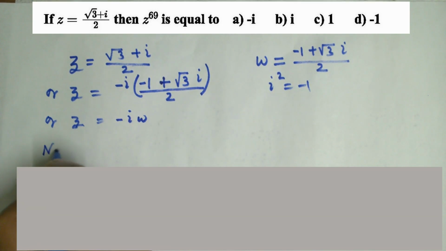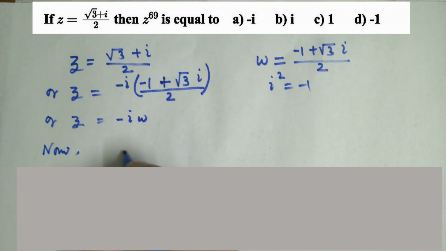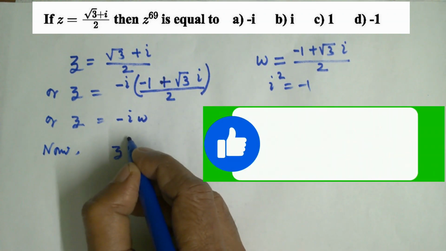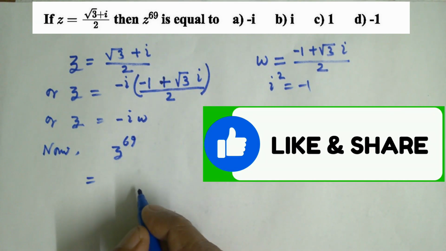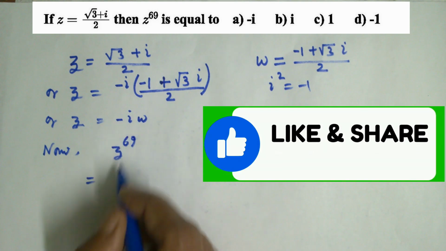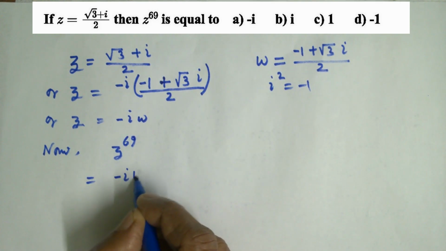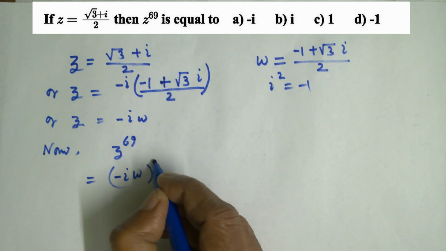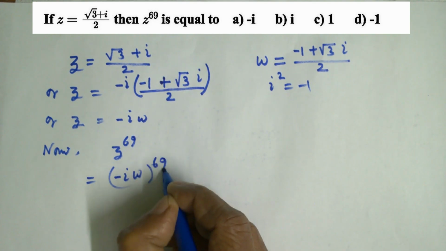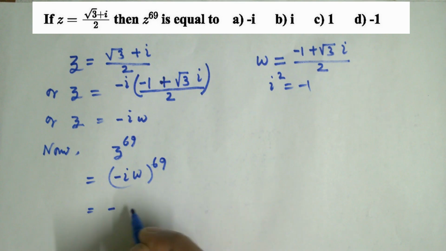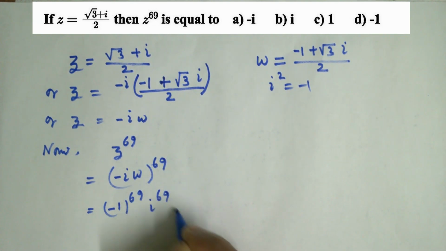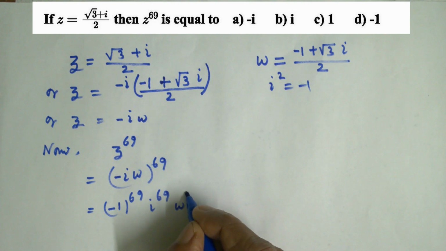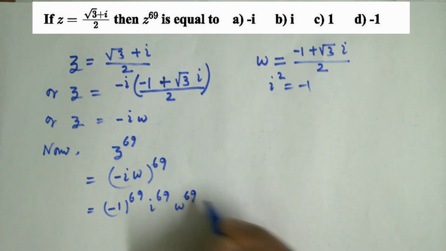Now consider z to the power 69. That is equal to, replacing z by minus i omega, (minus i omega) whole to the power 69, which is equal to (minus 1) to the power 69 times i to the power 69 times omega to the power 69.